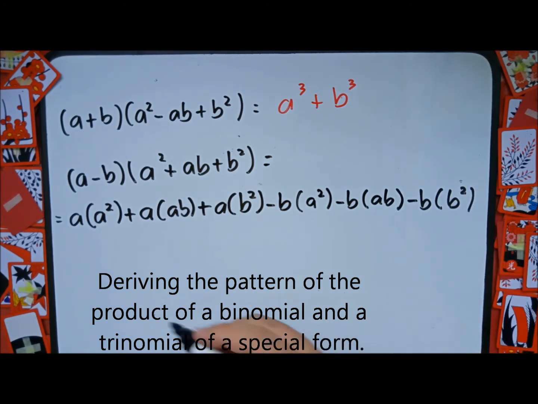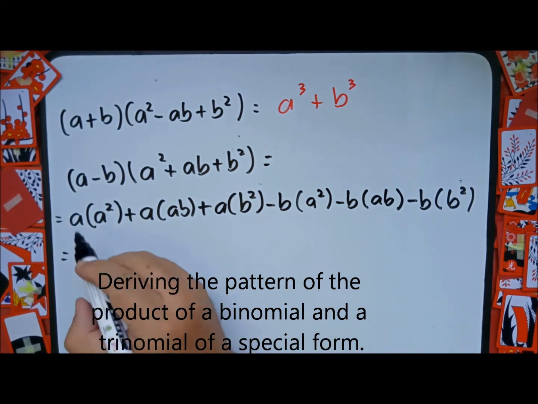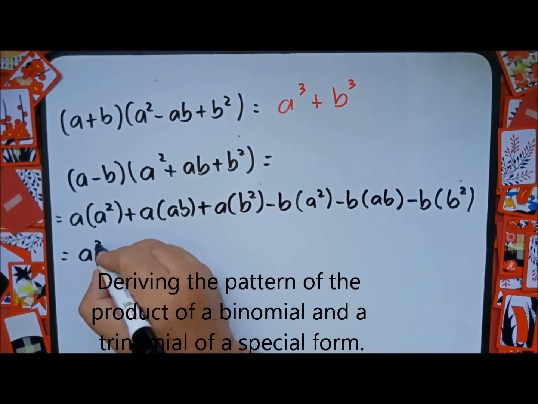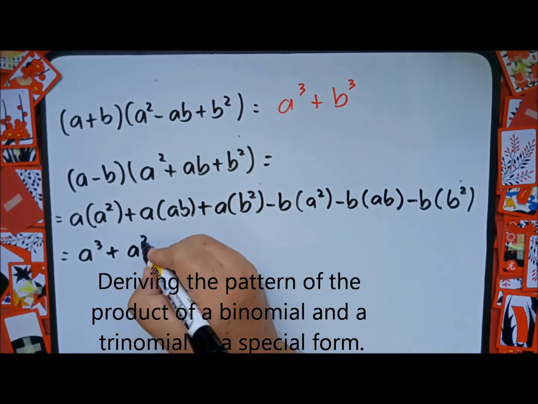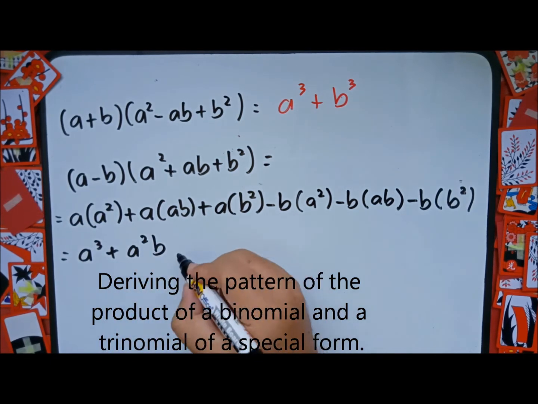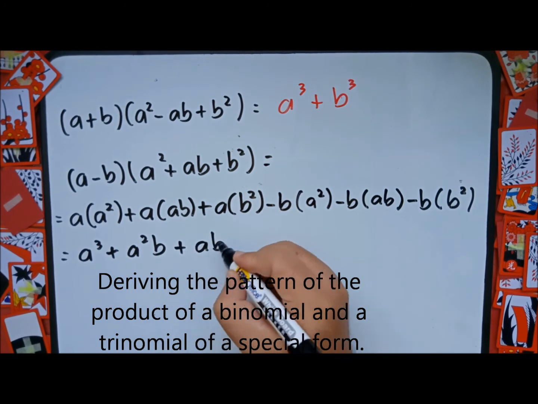Now simplify. This will become a times a squared, a cubed. 1 plus 2 is 3. Then a times a will become a squared b. Then ab squared.